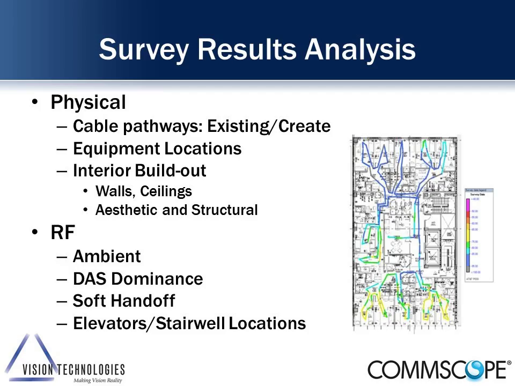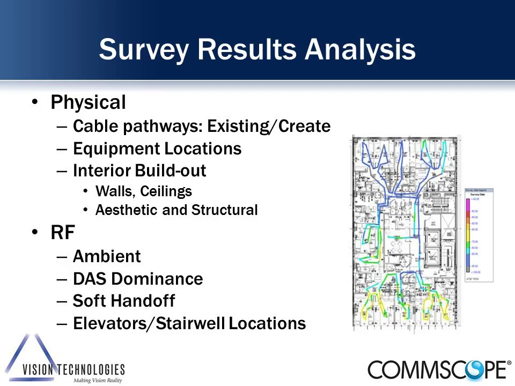So if the preliminary design is going through an atrium because the designer didn't realize there was an atrium there, you need to reroute those cable pathways. Again, document the ambient RF signal so the DAS can be created to provide dominance and the proper soft handoffs that will take place between the ambient and the DAS.